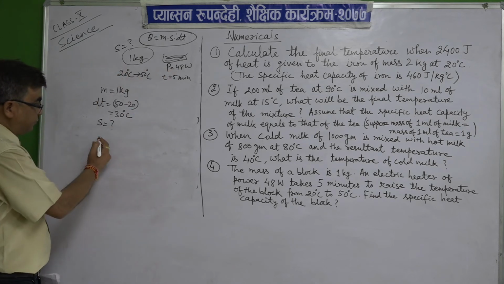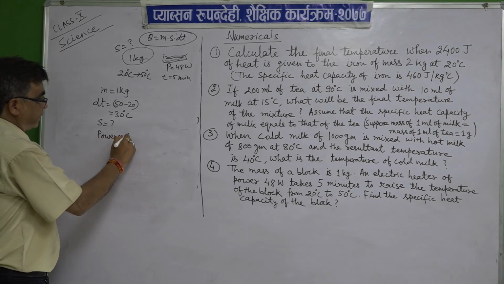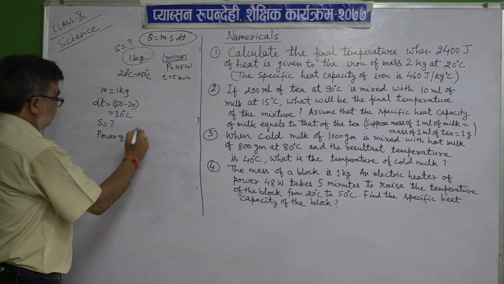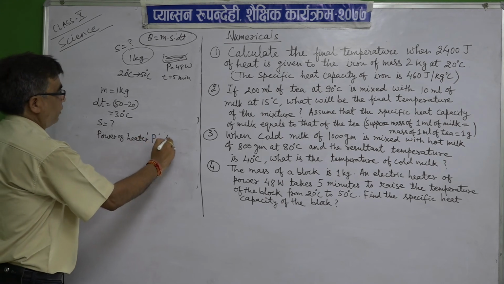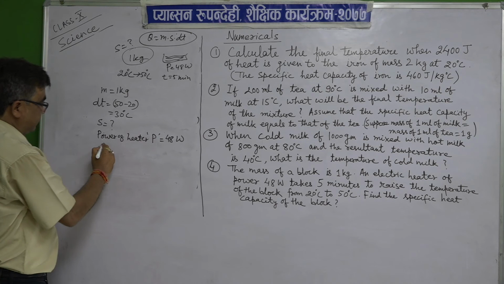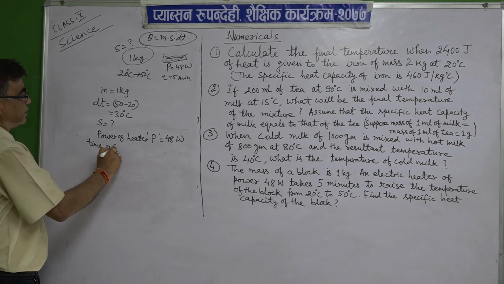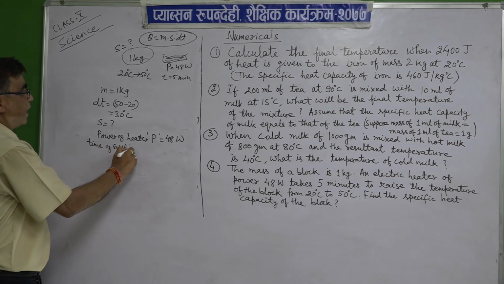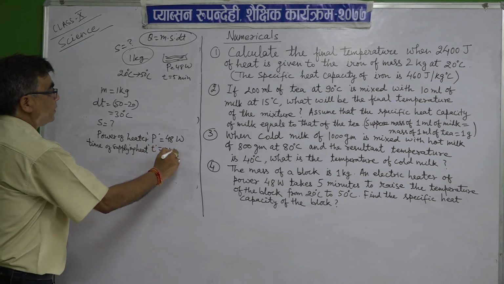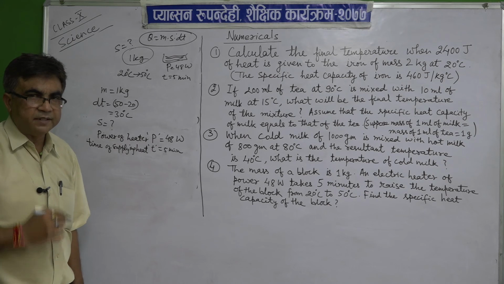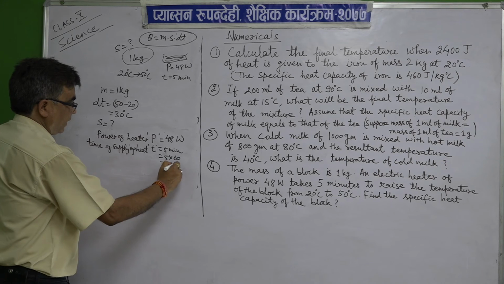So, we have to find out that power of heater, that is given, suppose power P is given 48 watt, and time of supplying heat T is given 5 minutes. Now we all know SI unit of time is second. So you have to convert it into second. 5 into 60, 300 second.